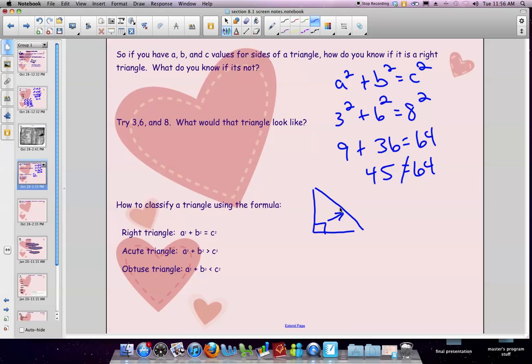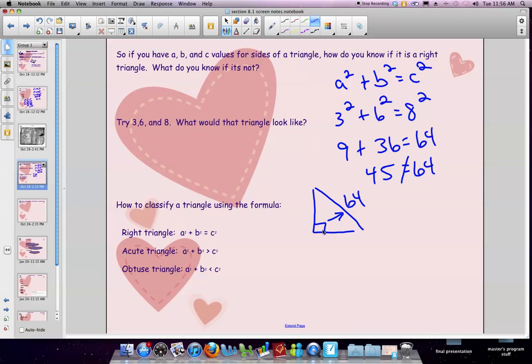If it's a perfect right angle, then this 90 degrees fits this side over here perfect. If it's not, for example, when I add these 2 sides, it's too small. The 64 is too big. It's too big for the A and B sides of 3 and 6.